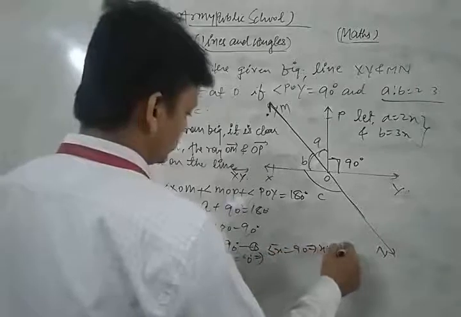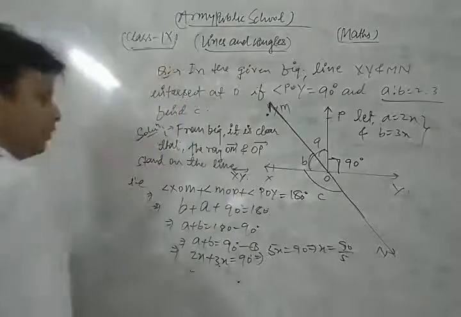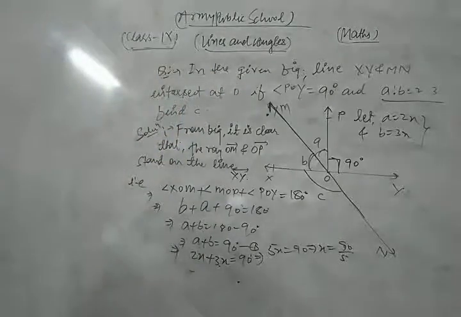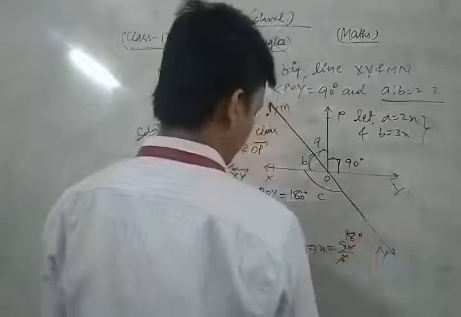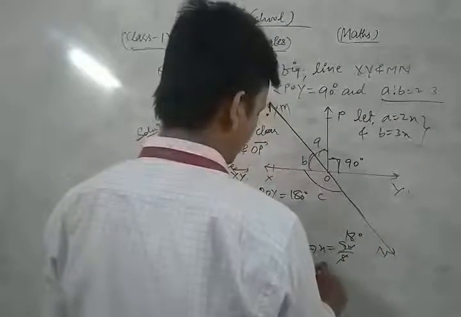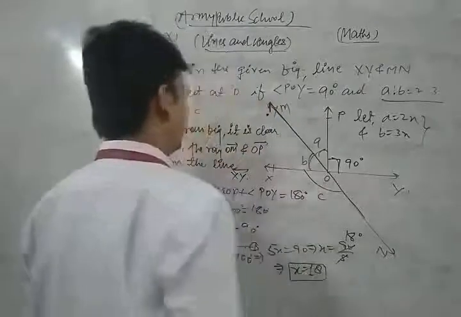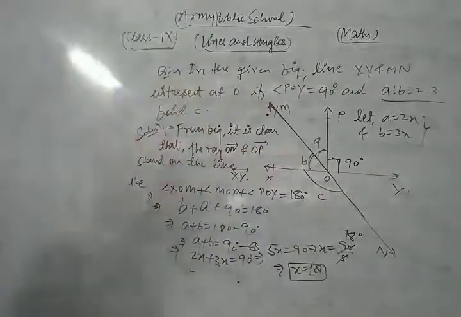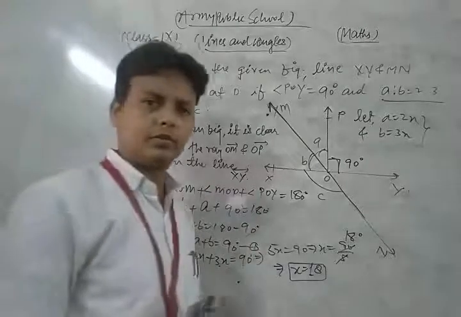That is x is equal to 90 upon 5. 90 upon 5 is 18. So the value of x is 18.